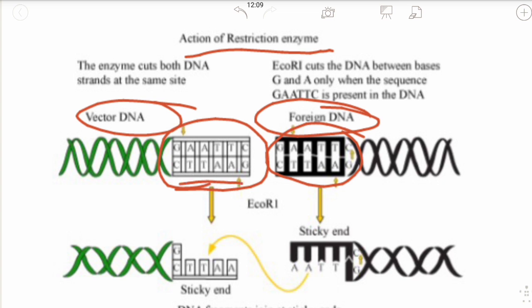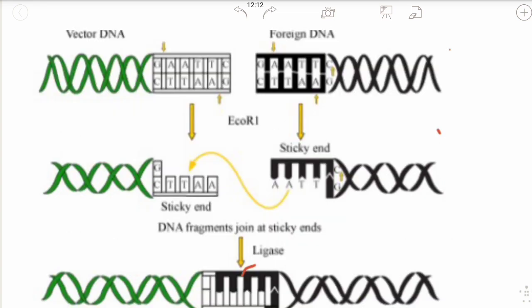So, it cuts between A and G in the nucleotides. It cuts the opposite strands. Similarly, for foreign DNA, it cuts between G and A. Here, the restriction enzyme is E. coli. The restriction enzyme will cut a little away from the center of the palindrome site, but between the two bases on the opposite strands.